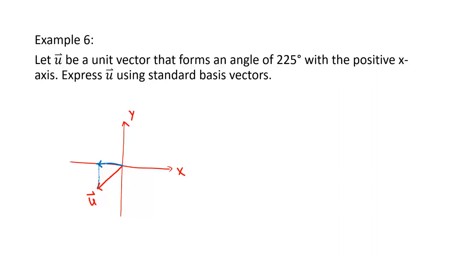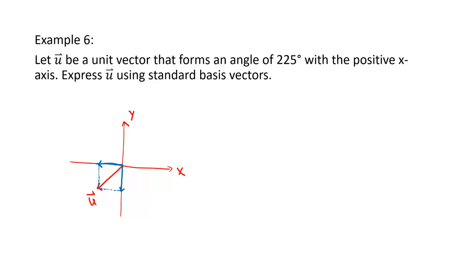So this is my x component that goes with i, and my y component is down here, right? That means for the j component that goes with y, we need to think about how many i and how many j we have to write our answer.